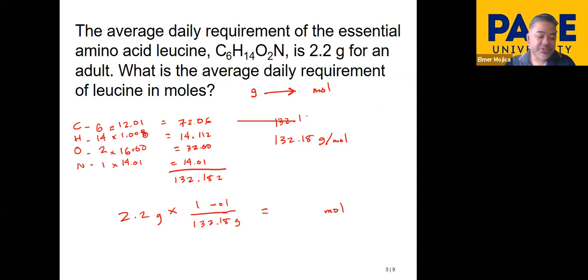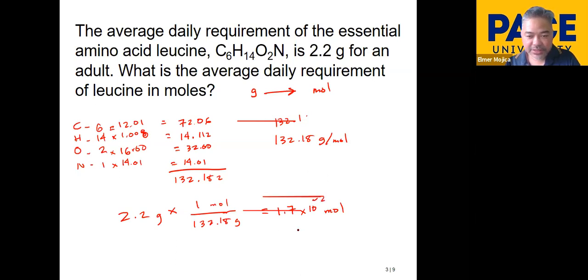I would suggest you double check it, because whatever calculation you did, I can assure you the number that comes up is one of the choices. So you have to be very careful. So if you have 2.2 times 1 mole over 132.18, you end up with 1.7 times 10 to the negative 2, or 0.017 moles.